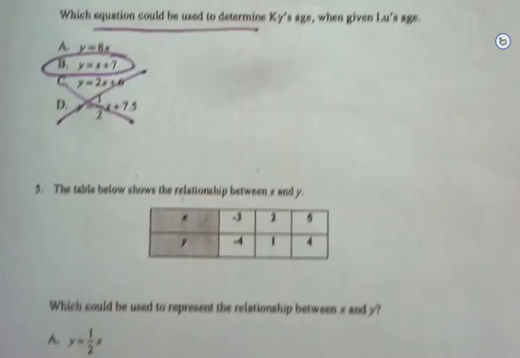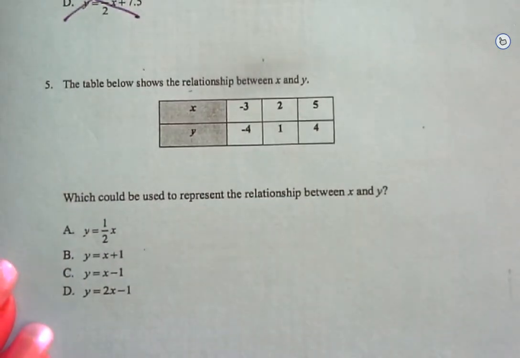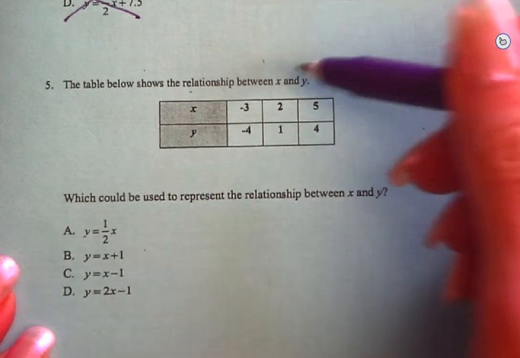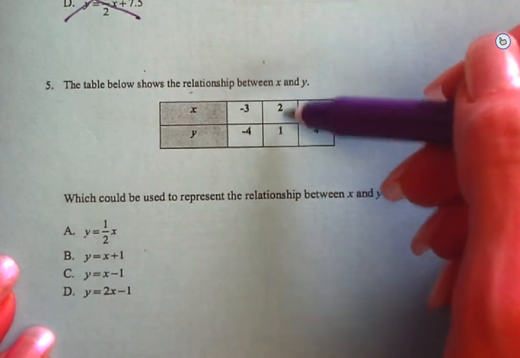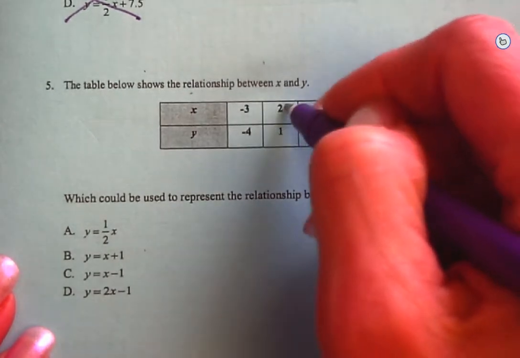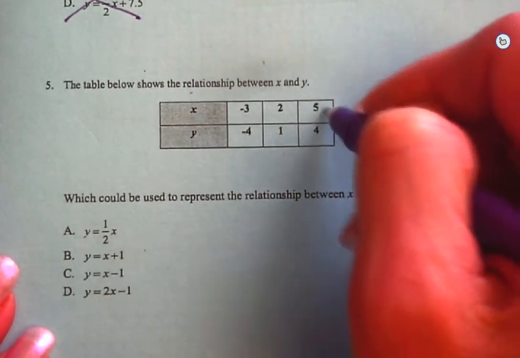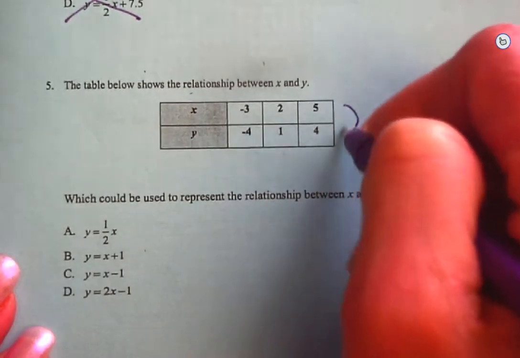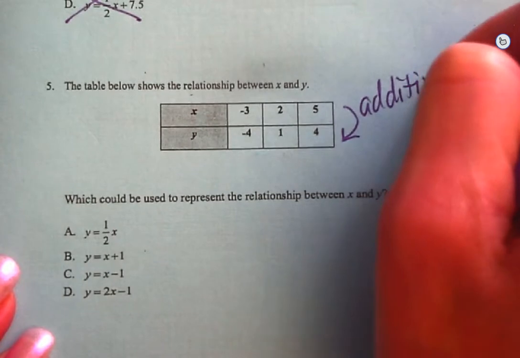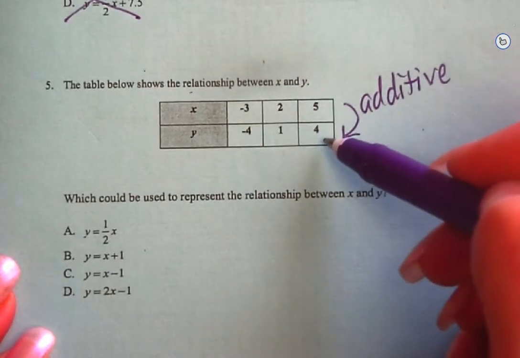Number 5, another table, we're looking for the relationship. Okay, so again, -3, -4. Got to think about what's happening, but I'm going to look first at positive numbers if I have them. 2 and 1 might be divided by 2, but is 5 divided by 2 4? No, so that means it must be what? Additive. What am I adding to 5 to get 4?